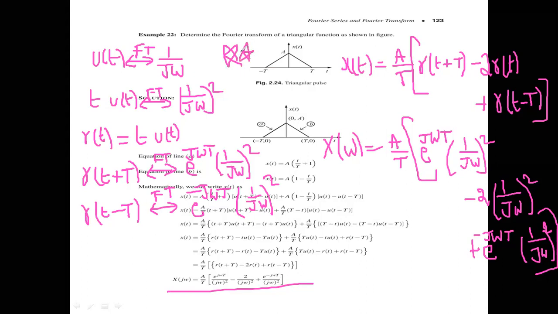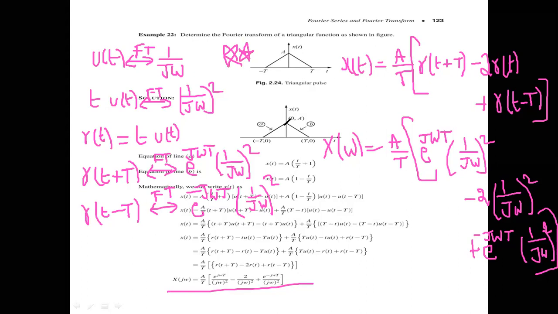Now, determine the Fourier transform of the triangle function. It is given like this, from minus T0 to T0, the triangle function with the t variable and x of t.